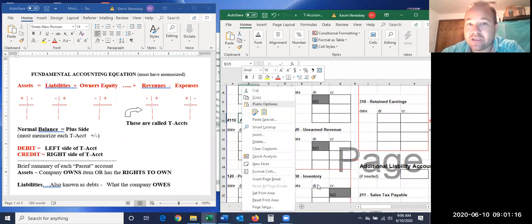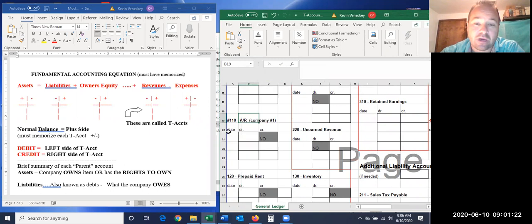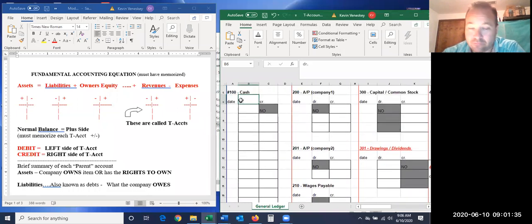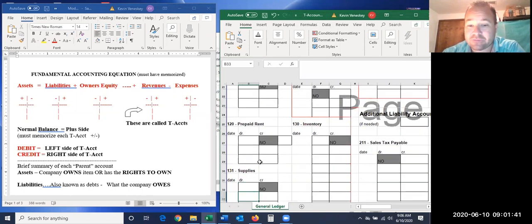Remember, the AR is receivables, account receivables. You're going to be receiving money. So you want that number potentially higher. You want to be getting more money. So anything on the left-hand side of an asset, which we'll be referring to, from here on out, as the debit side, means it's going to increase the balance.